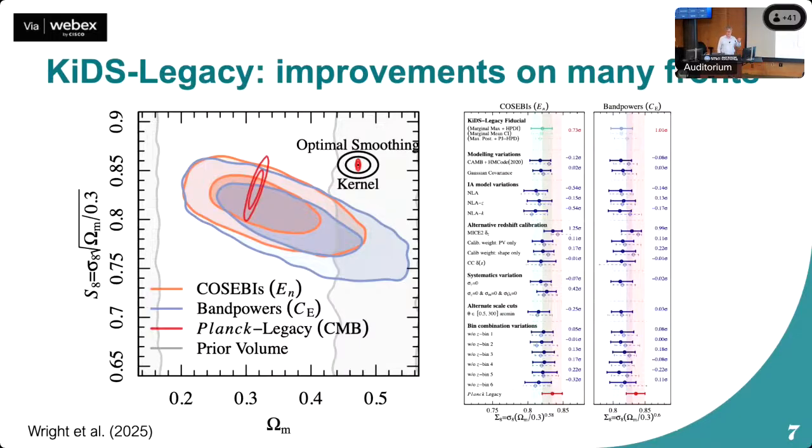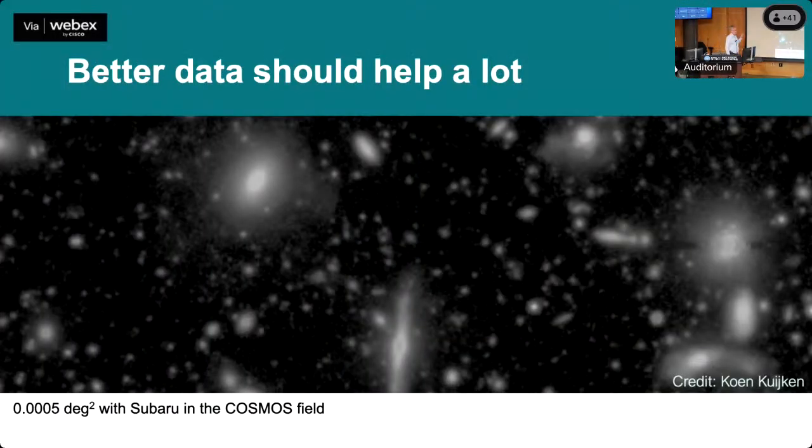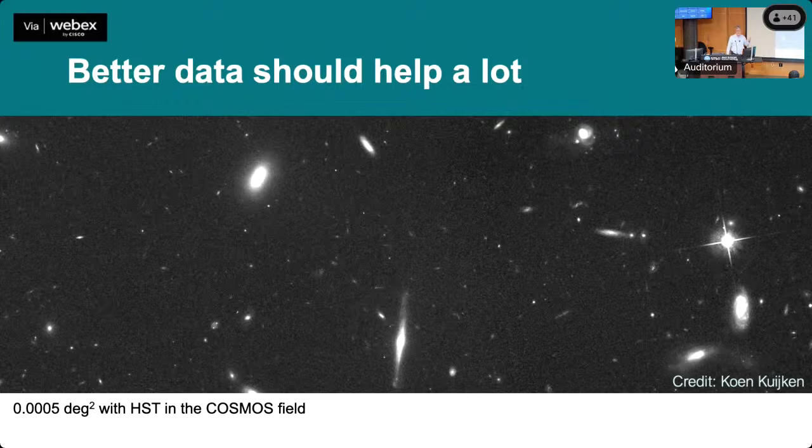But ultimately, why we're here is because we want better data. We want a lot more data, but also better data, and nothing better than real data. So here's a deep Subaru image, which is a good proxy for LSST year 10. And this is the same area with Hubble, which is a good proxy for Euclid or Rubin.